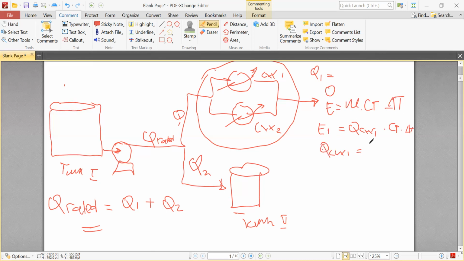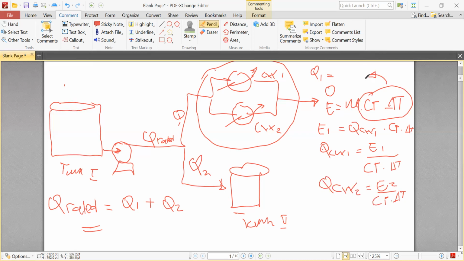Q CW1 is the total heat that will be transferred, divided by Cp delta T. You can use the same equation for Q CW2, divided by Cp delta T. Just a disclaimer: this Cp delta T applies if the cooling water has only sensible heat and is not vaporized, because I assume the cooling water is just in liquid phase, not vapor phase.